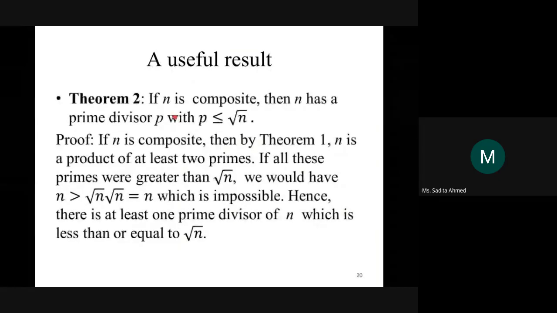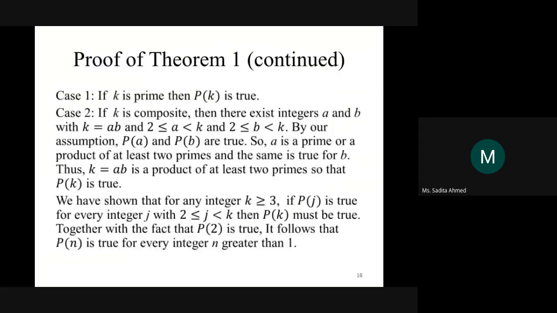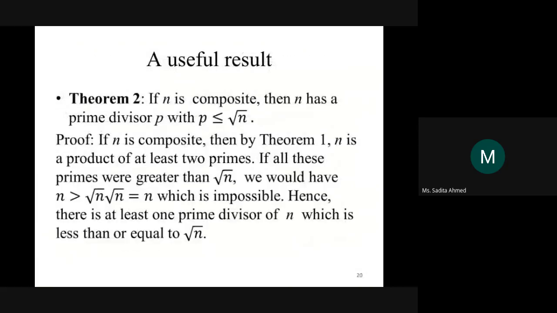That is, every composite integer n will have at least one prime divisor p such that p is less than or equal to the square root of n. That is what the theorem claims. And we'll prove this theorem very easily using the prime factorization theorem we already have, all right?